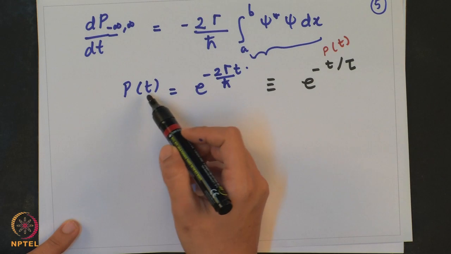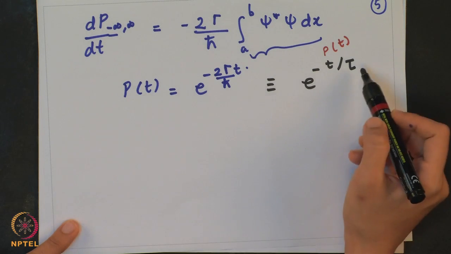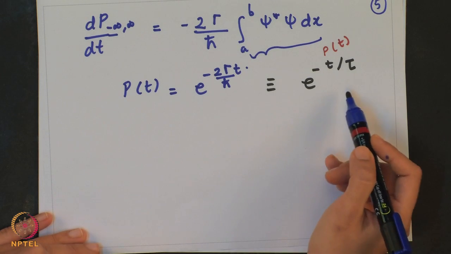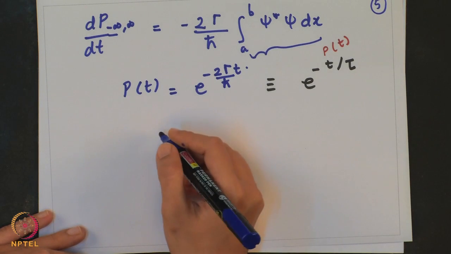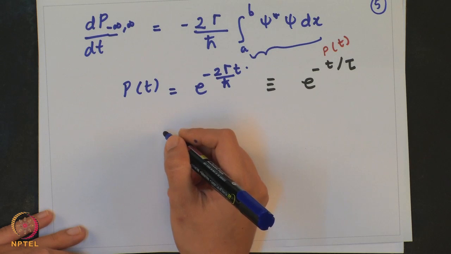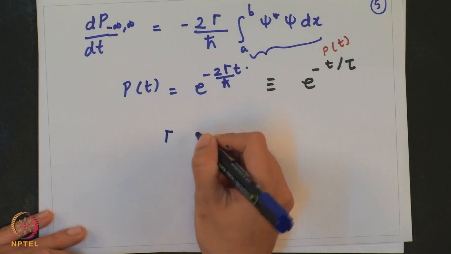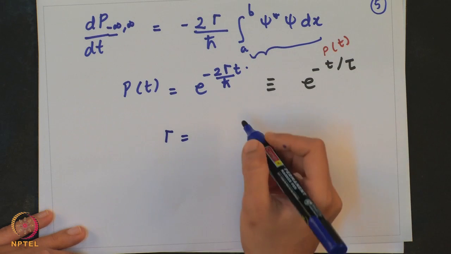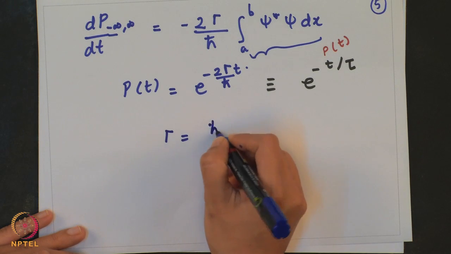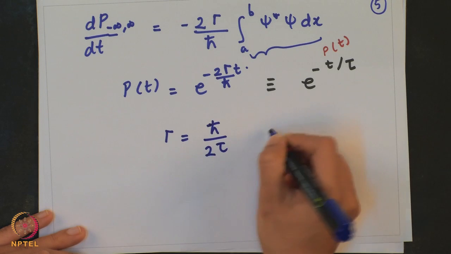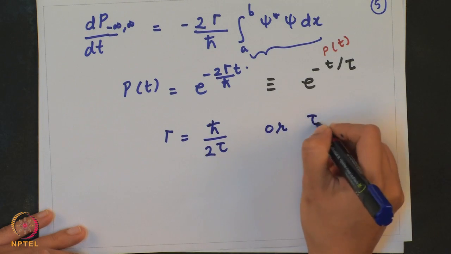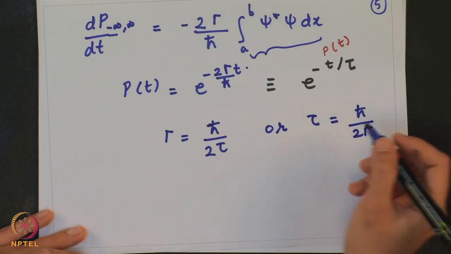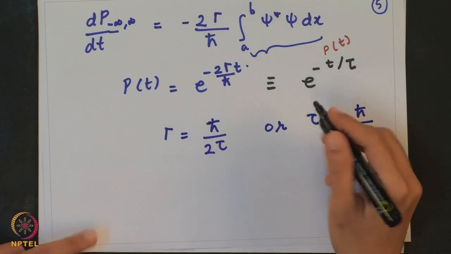The probability at time t will be given by this, from minus infinity to plus infinity, and so you can write the relation between gamma and tau. Tau is nothing but h cross upon 2 gamma. Okay, so this is what we obtain.